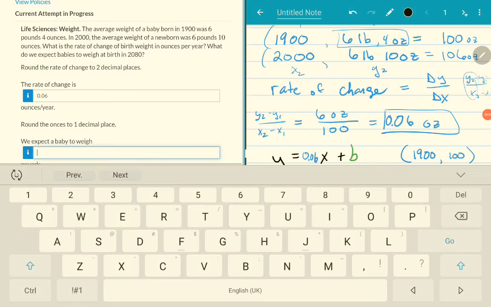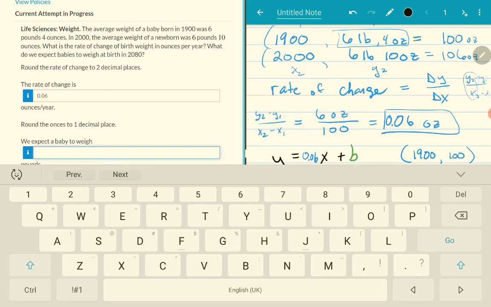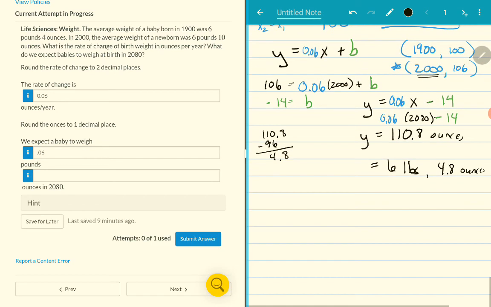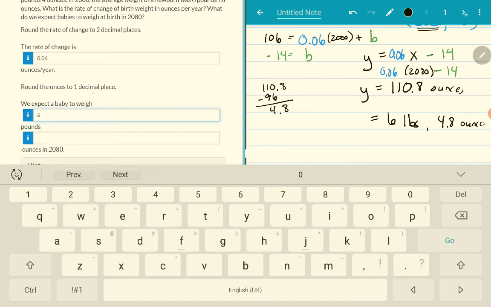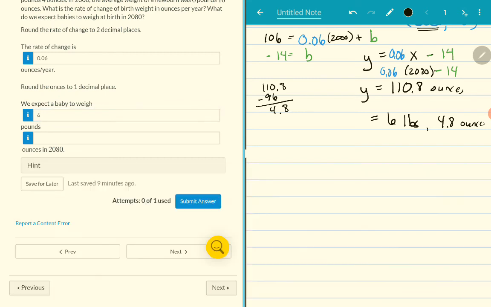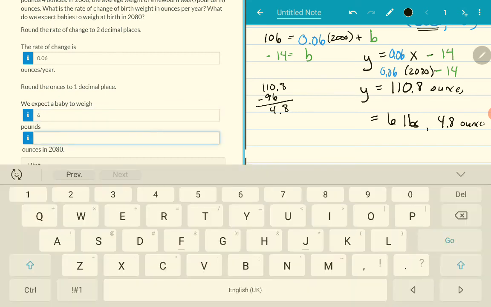So I'm going back to my test now. Let me scroll up here. This should be 6 pounds. And I'm rounding the ounces to the nearest one decimal, so I want 4.8 there. That doesn't sound right, does it? Oh, my subtraction's off.